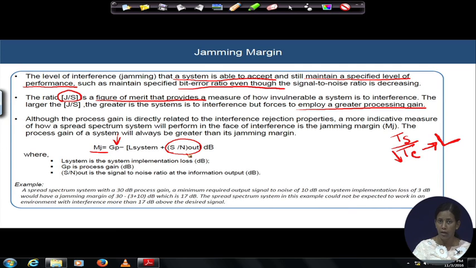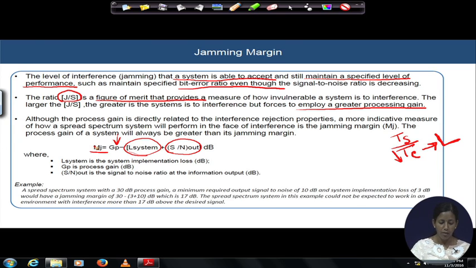If you go for a higher modulation scheme, the S by N requirement at the output will keep increasing. And L system is the amount of losses that can happen once you implement the system. Subtracting the sum of these two dB values from the processing gain tells you the jamming margin you are left with.